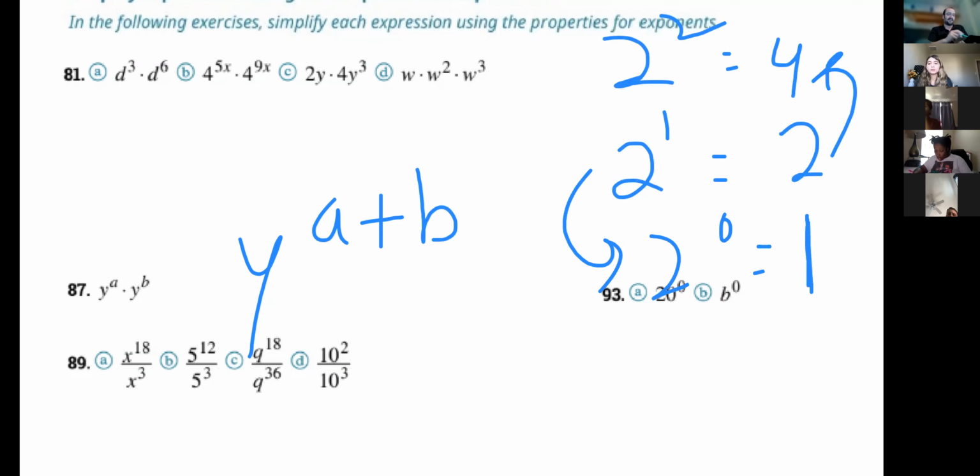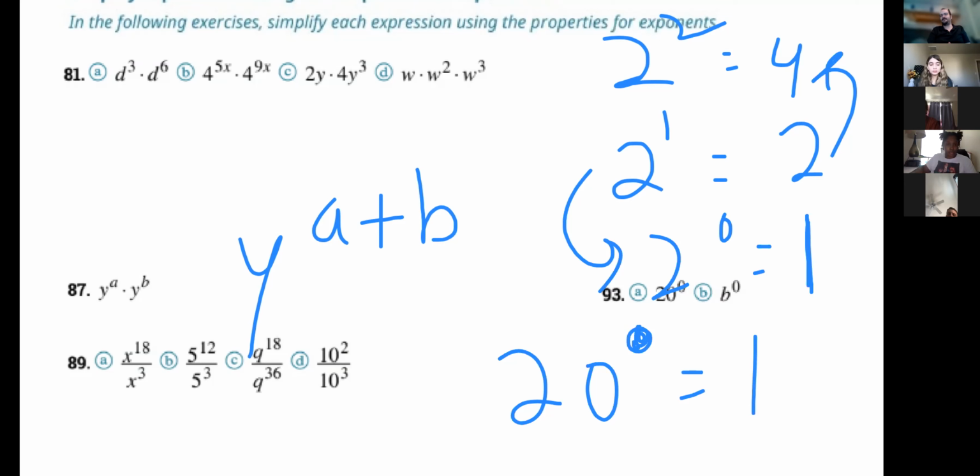And this is true for any number, right? 20 to the 0 is going to be 1. We're dividing 20 by 20 to get there, basically. B to the 0 is going to be 1. Anything to the 0 is going to be 1.